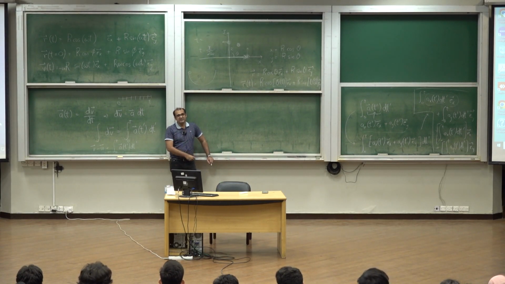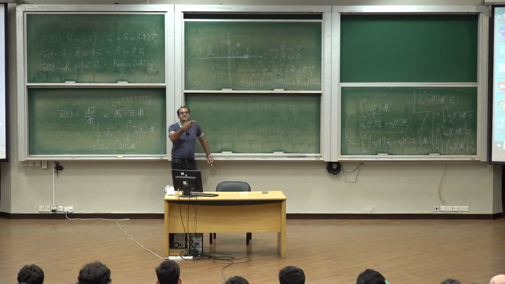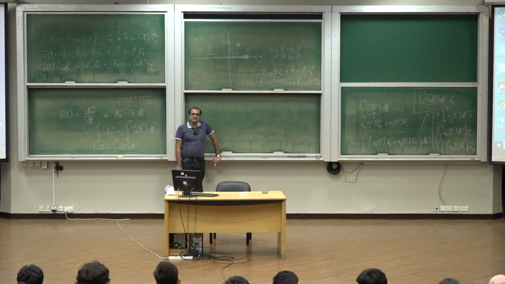A physical example in which the acceleration vector is constant is gravity, essentially projectile motion. Essentially the motion of something that is moving under the influence of a constant gravitational field. So if you throw something near the surface of the earth, what's the magnitude of the acceleration vector?